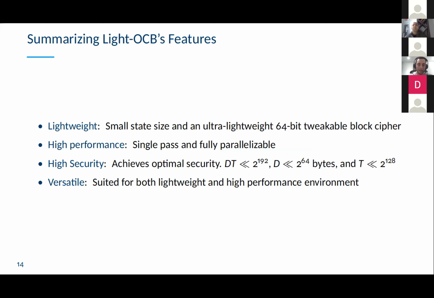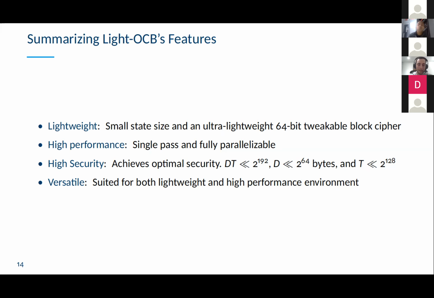We have a small state size, and we use an ultra lightweight 64-bit tweakable block cipher, TweGIFT-64. It has high performance. It is single-pass and fully parallelizable, and it achieves optimal security bound in the ideal cipher model, which is D times T less than 2 to the power 192, and individually D less than 2 to the power 64 and T less than 2 to the power 128. And it is suitable for both lightweight and high performance environments.